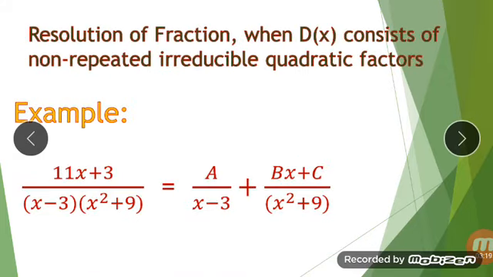Then we have the third topic of chapter 4, which is resolution of a fraction when the denominator consists of non-repeated irreducible quadratic factors. Dear students, in exercise 4.3 we have fractions where the denominator will be linear as well. Moreover, there will be quadratic factors. But what type of quadratic factors? Which cannot be reduced into linear form.